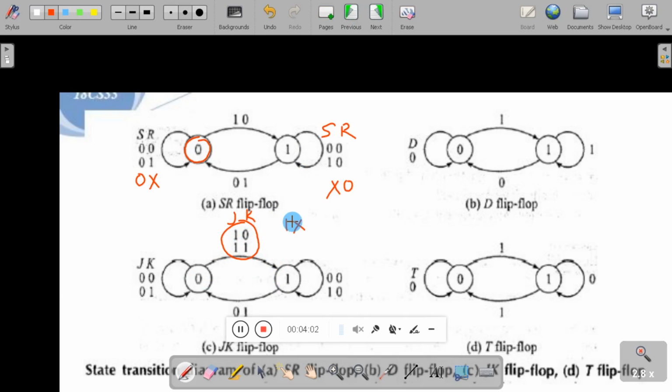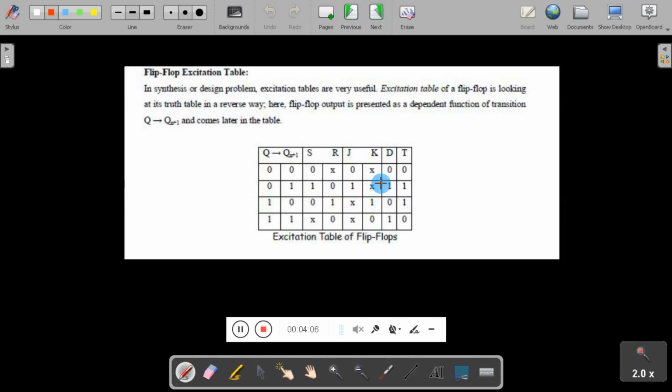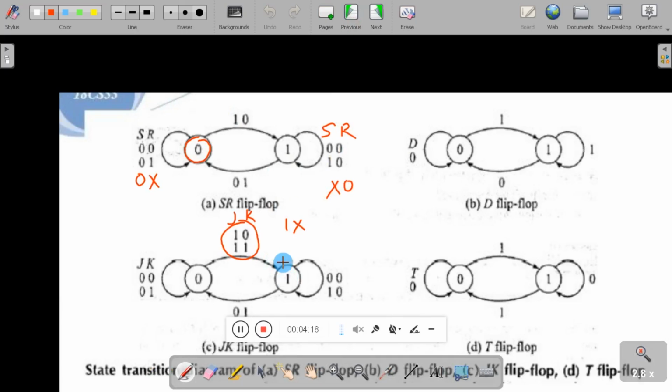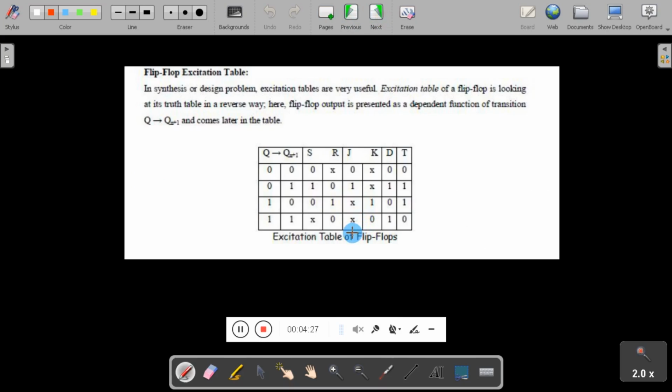So I will write 1X, and that is represented here. Similarly, to move from 1 to 0, it is X1, and to move from 1 to 1, J takes value 0 or 1 and K is 0, that means X0. So you can see here X0.